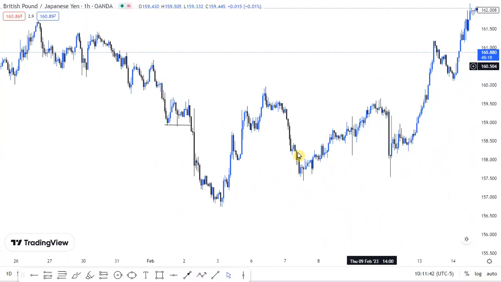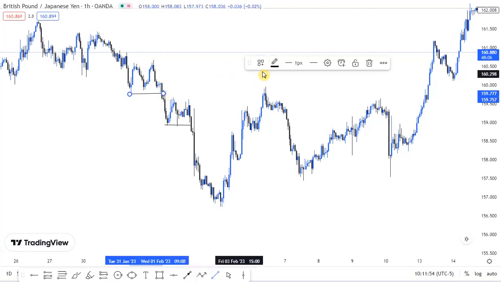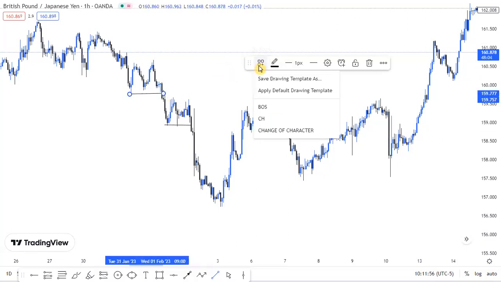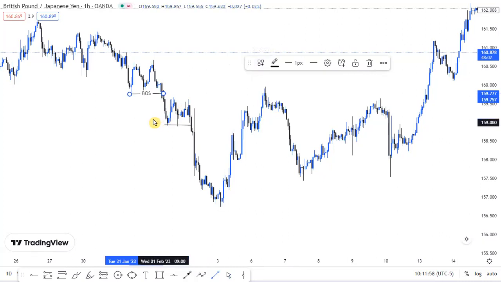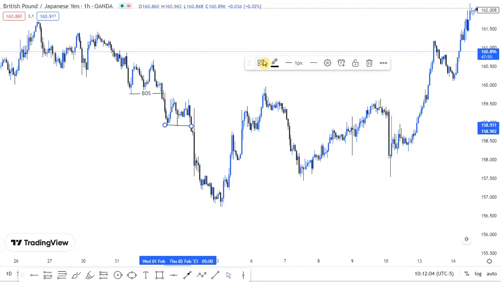My drawings might not be perfect, but guys, I'm certain that you get an understanding. We have our break of market structure here, and also here. So what are you looking for? You're looking for selling opportunities.